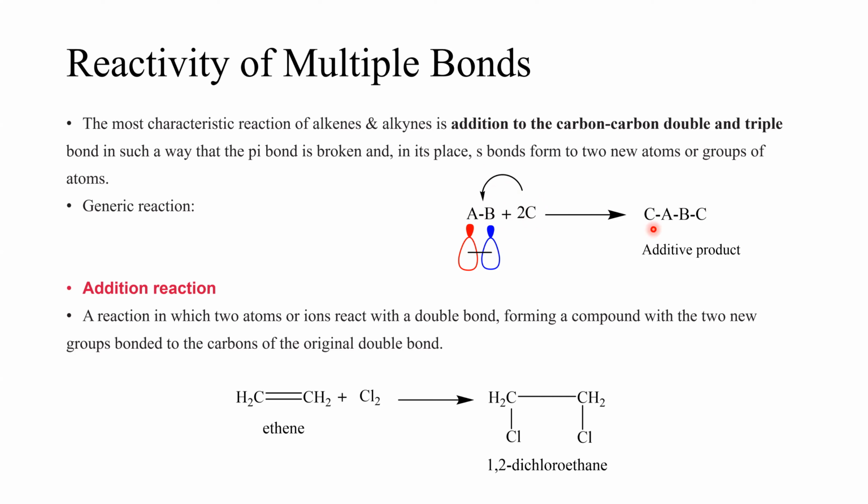So now in the addition reaction, the product will be that these two atoms have added to the original first reactant, because it has room for accommodating these two atoms by breaking its double bond, or the pi bond, and then they make two sigma bonds, one with the C and the other with the B, right?